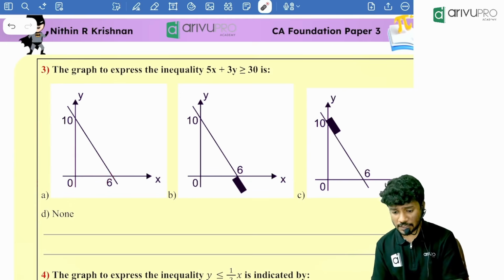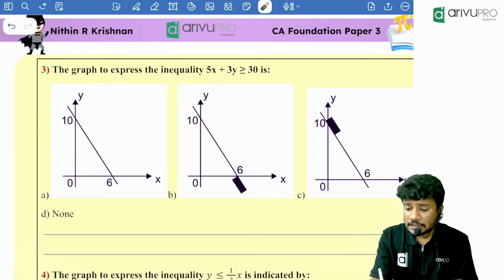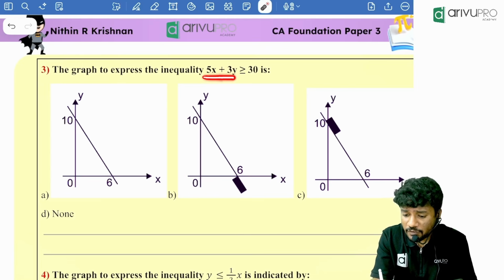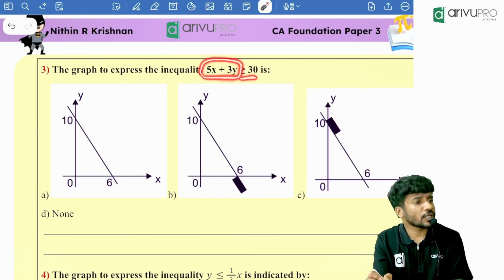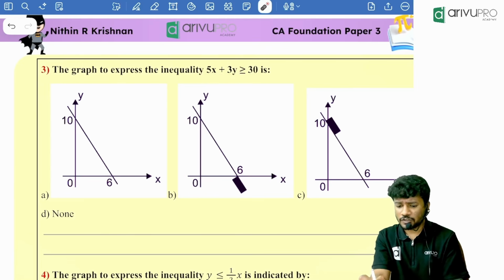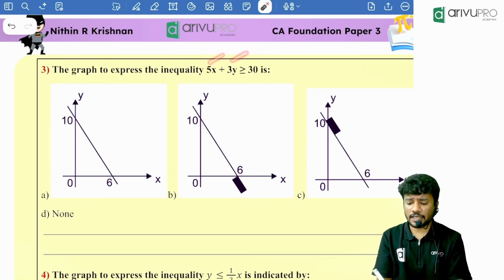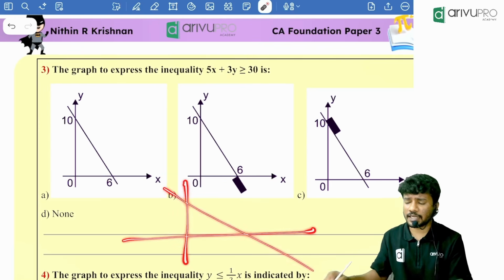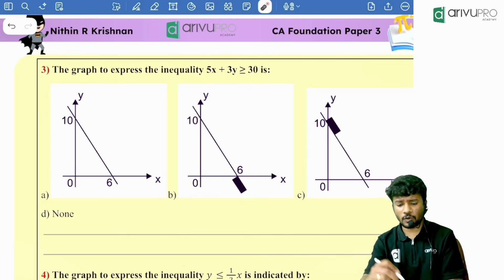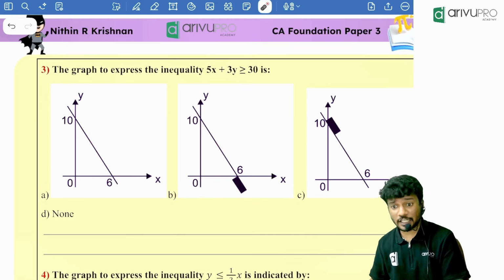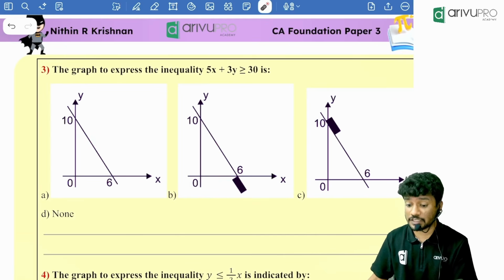See here, we will check. Now people, 5x plus 3y is greater than or equal to 30. That is given. So no matter what, x and y have the same sign, the graph will be like this. That means all the graphs are correct. Now we need to check whether the area under the graph is correct or not.